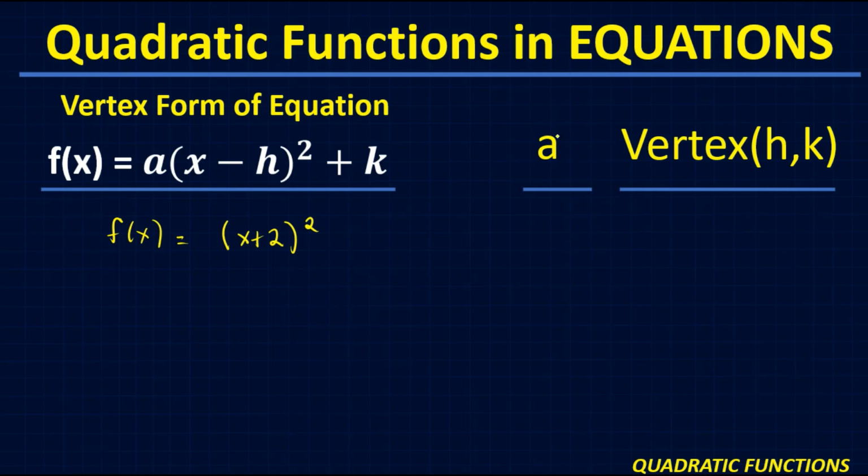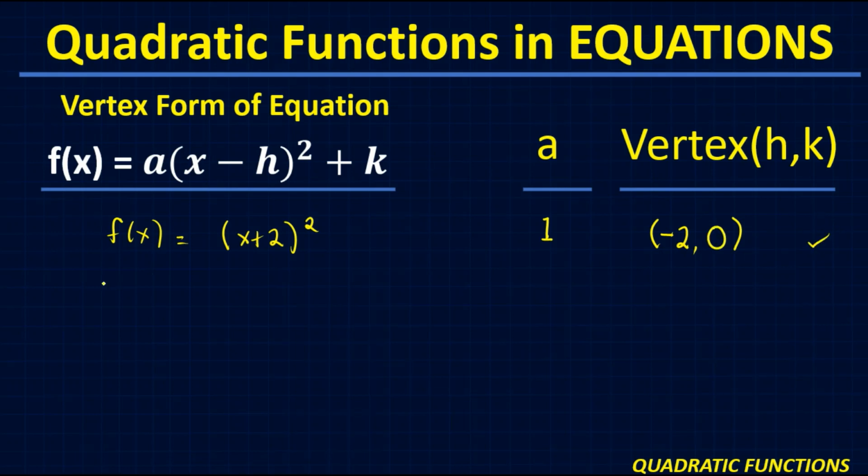Again, a is 1 since we have no number before the open parenthesis. To get the vertex, we see h inside the open and close parenthesis, and we have plus 2. For the vertex, we have minus 2. And since we see no constant term in the vertex form, k is automatically 0.